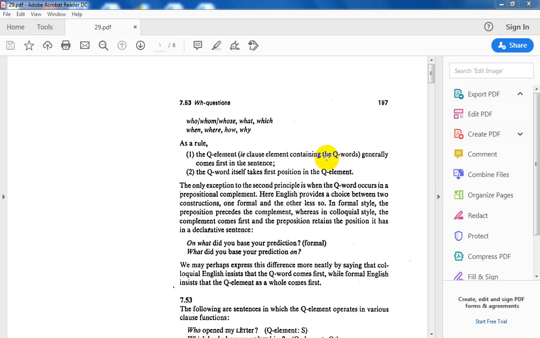All of us know that WH questions are formed with the aid of one of the WH items: who, whom, whose, what, which, when, where, how, why, and how long, how often, how much, how many. So why are they called WH? Because they are formed by the aid of such items.